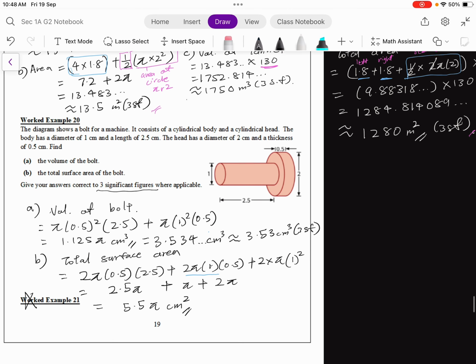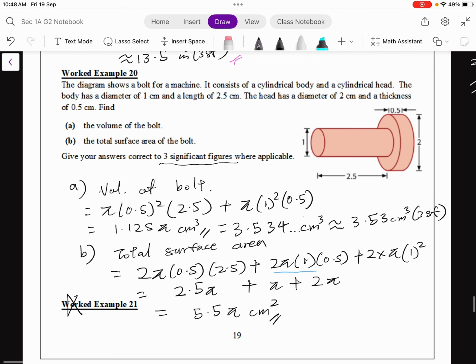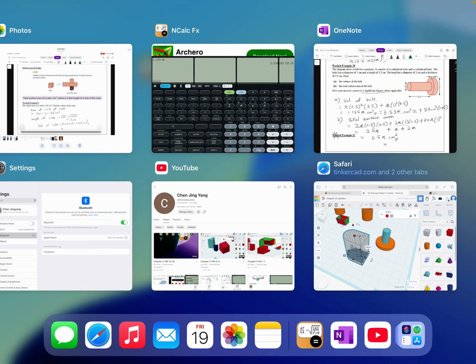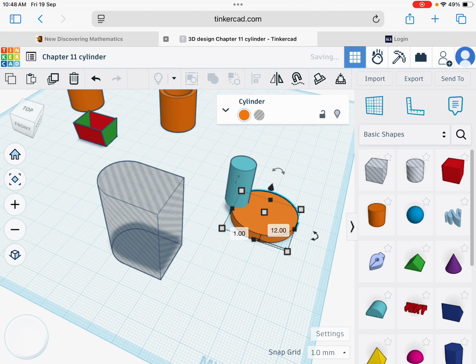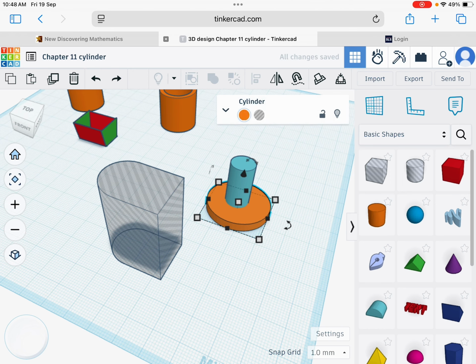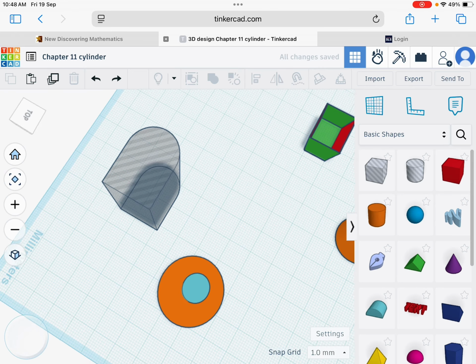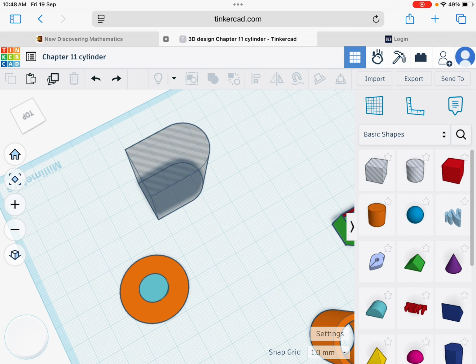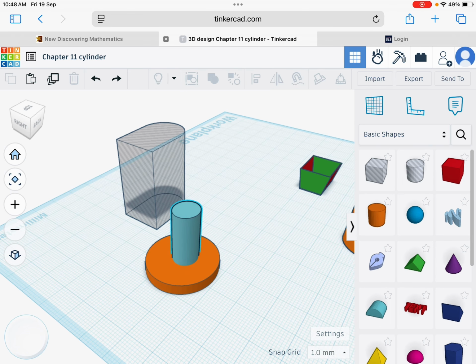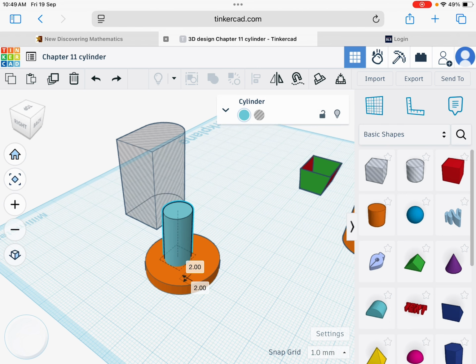Okay, for the last one, I'm going to show you the 3D model. It's this whole thing here.